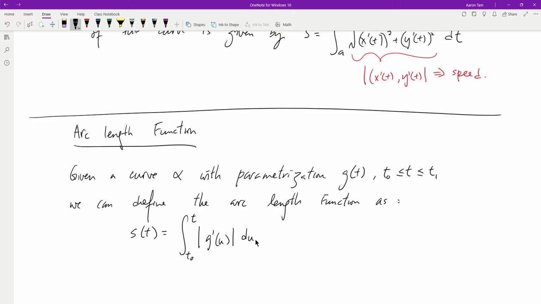I'm going to use u. So s of t is given by the integral from t sub 0 to t of the length of g prime of u du. Note s of t sub 1 would equal the integral from t sub 0 to t sub 1 of the length of g prime of u du, which basically represents the length of the entire curve.